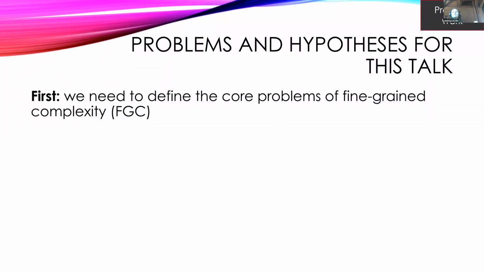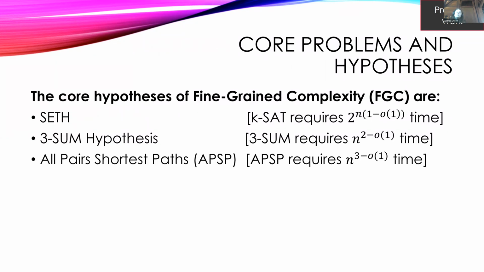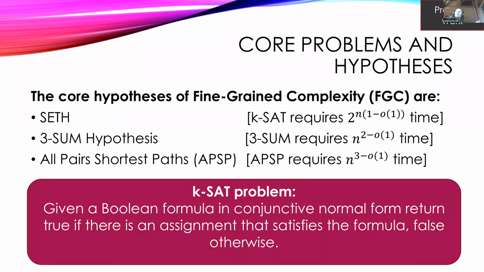So what are some of our favorite problems in fine-grained complexity? Ideally, the thing we want to do, spoilers, we won't be able to do exactly this, but ideally we'd like to show hardness for our favorite problems in fine-grained complexity from their worst case hardness. So a couple of the favorite problems here are KSAT, where you're given a Boolean formula in conjunctive normal form.